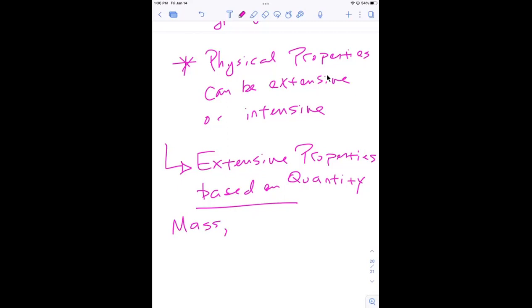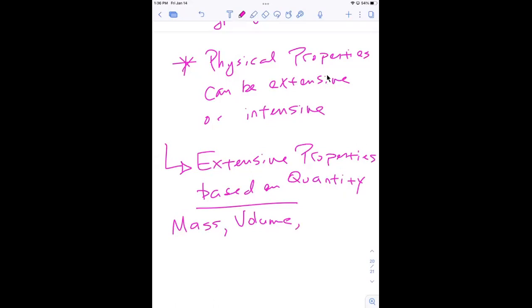Another extensive property is volume. If I have a gallon of milk versus a cup of milk, that's different. The volumes are going to be different, because volume is a physical property, and as the volume changes, so does the amount, right? So this is quantity dependent.